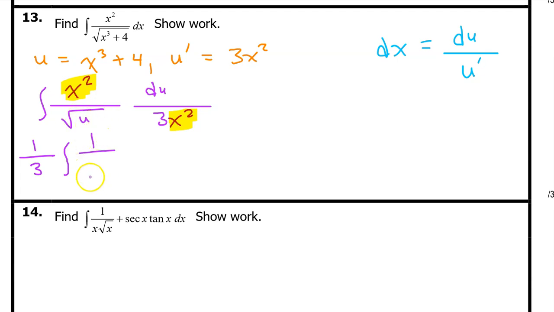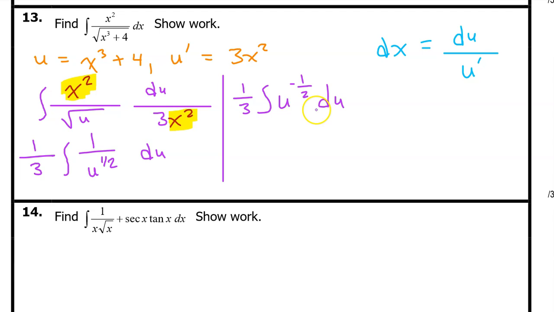Instead of writing the square root of u, I'm going to put u to the 1/2 power, du. In this form, it's a bit easier to see that the 1 over u to the 1/2 power is the same thing as u to the negative 1/2 power. So now we have this.